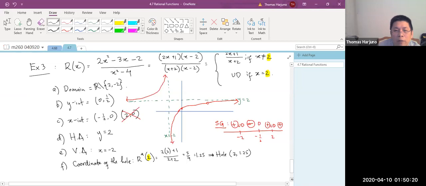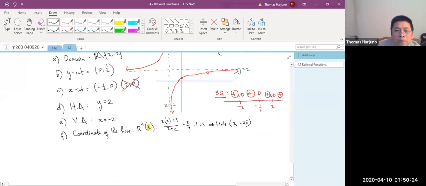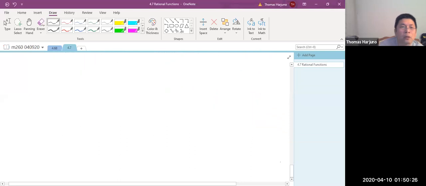We ended up graphing it already. Now, the last part: what happens if the degree on the top is one more than the degree at the bottom?